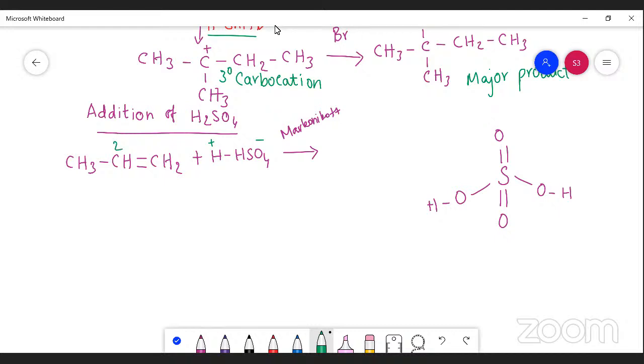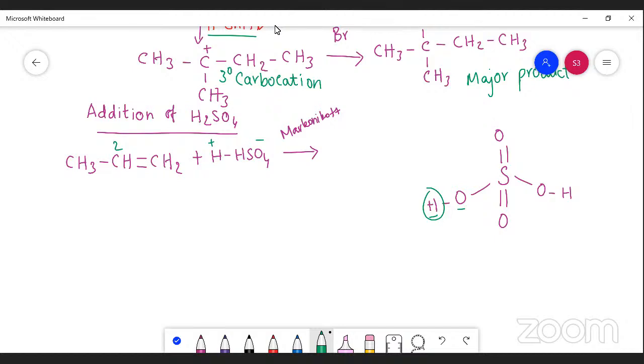So here the sulfuric acid structure is HO-S(=O)-OH. One of the hydrogens is going to attach to the CH2 group, and the remaining part is attached to the CH.